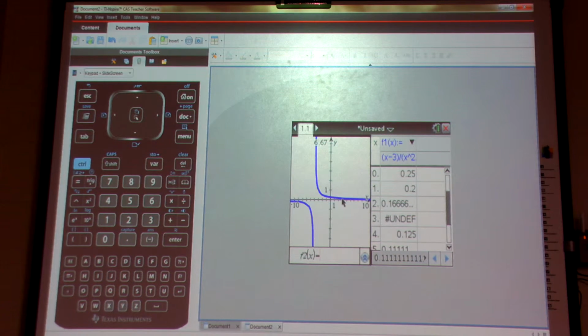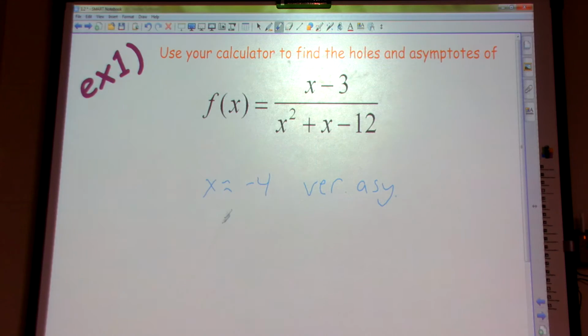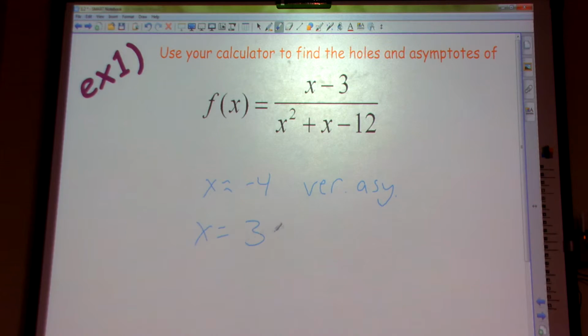But at 3 on this graph, I don't see anything. And that's because your graphing calculators, even as great as these are, will not show holes. The table will, the graph won't. So there is a hole at x equals 3.